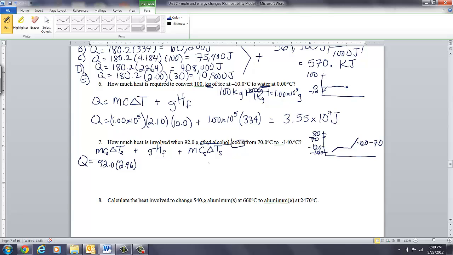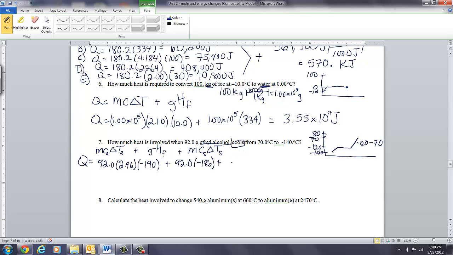So it cooled down 190 degrees. And the negative again means just that it's cooled. We're going to freeze it. 92, freezing's exothermic. That's why it's a negative 186.